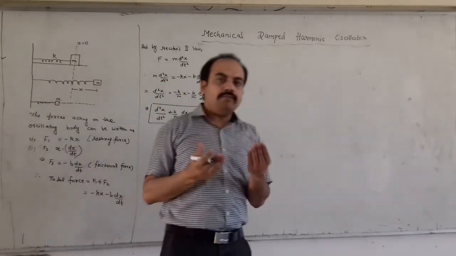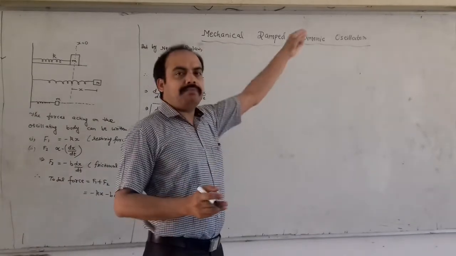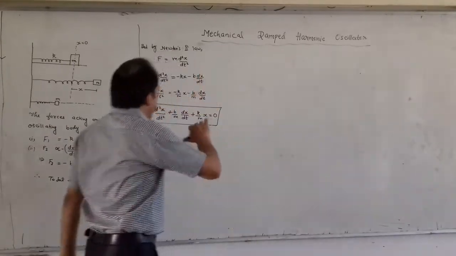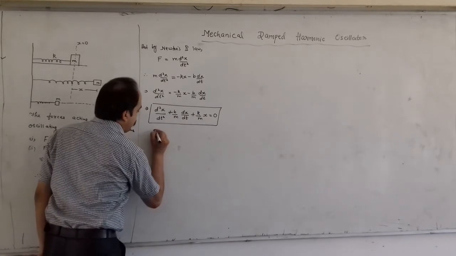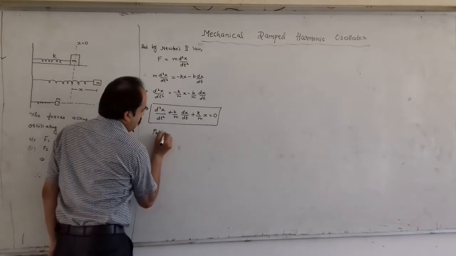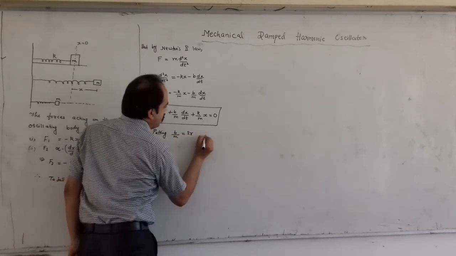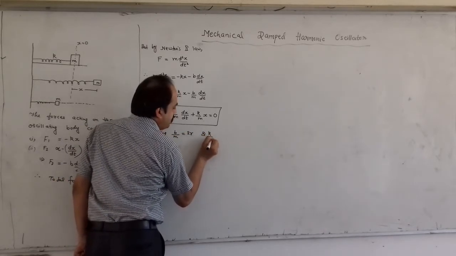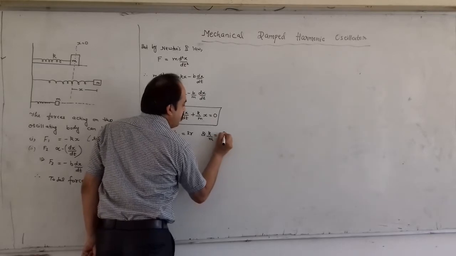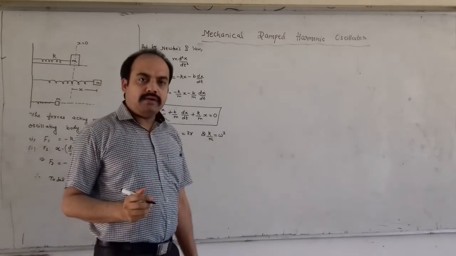This is our equation of motion for the mechanical damped harmonic oscillator, which can also be written by putting b upon m equal to a constant 2r and k upon m equal to omega square, where omega is our angular frequency.